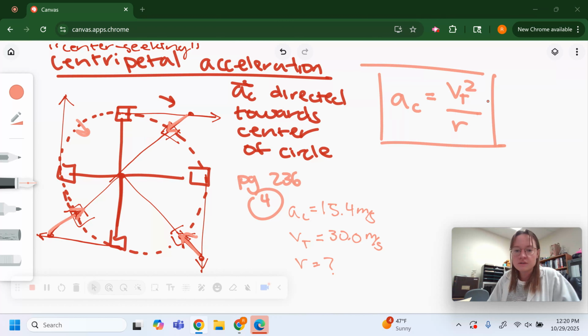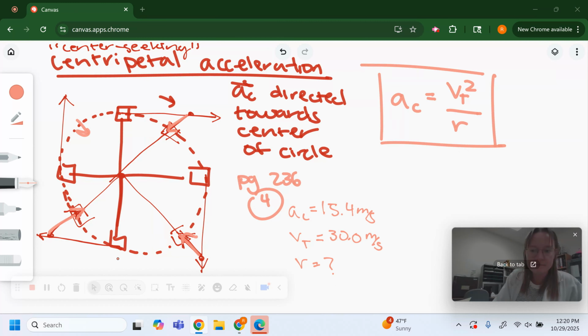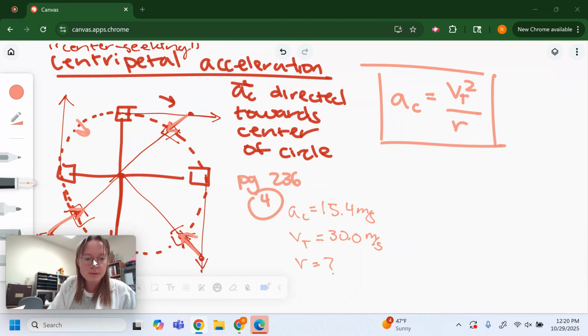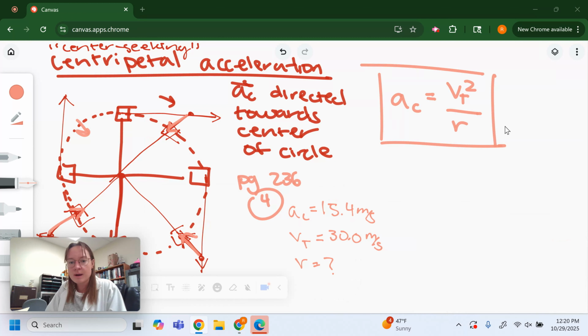In order to do this problem, we are going to start with our original equation. We say that the centripetal acceleration is equal to the tangential speed squared over the radius. Then let's rearrange for the radius. To rearrange for the radius, we get that the radius is equal to v_T squared all over the centripetal acceleration.